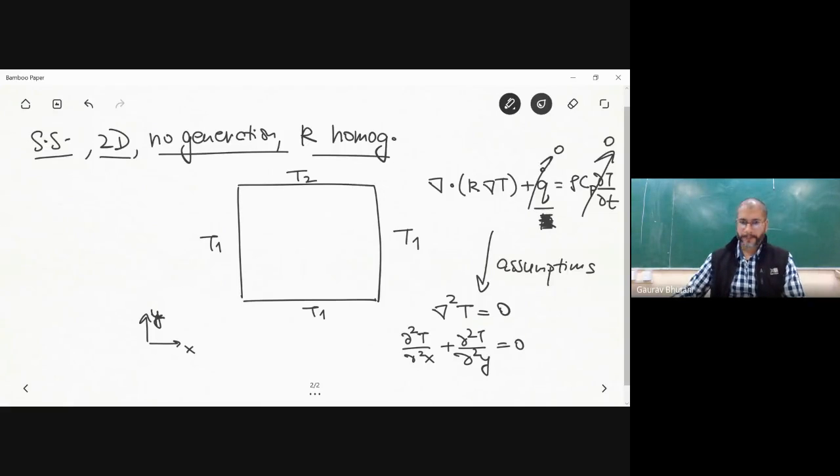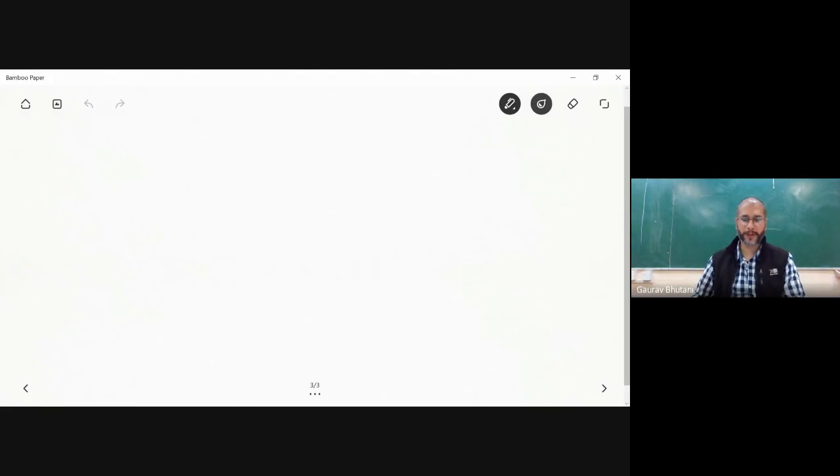All right. So let's solve this equation. Let's move to the next page. Now, to simplify things, as you will see later, we define a non-dimensional temperature like we did last time, theta.